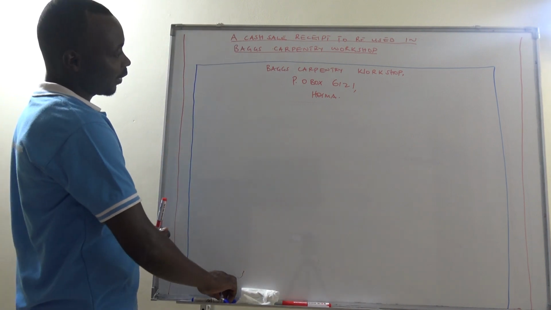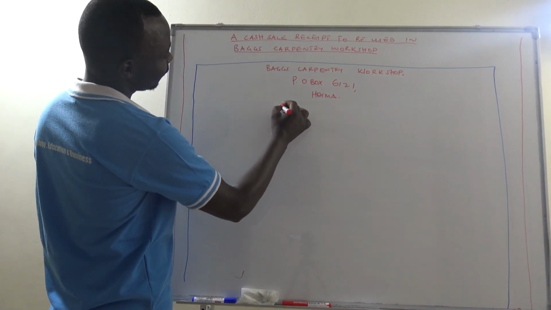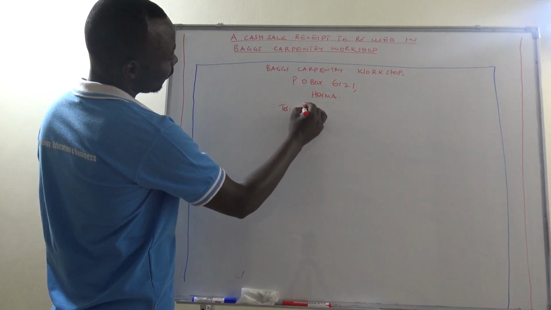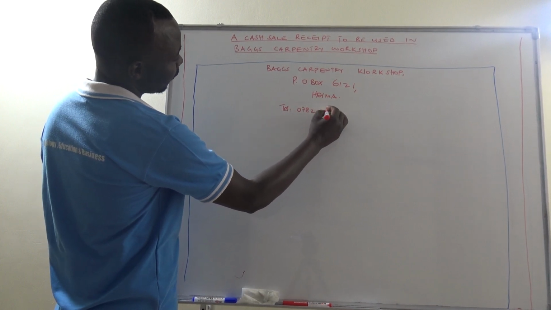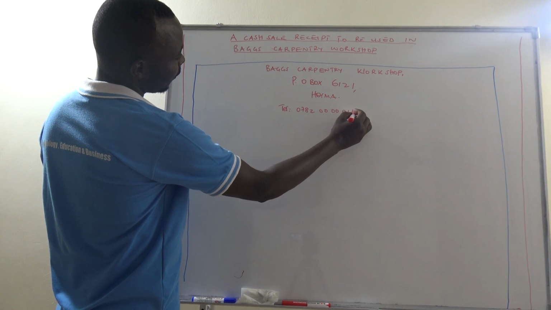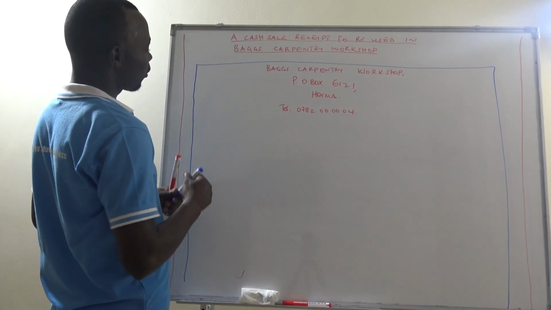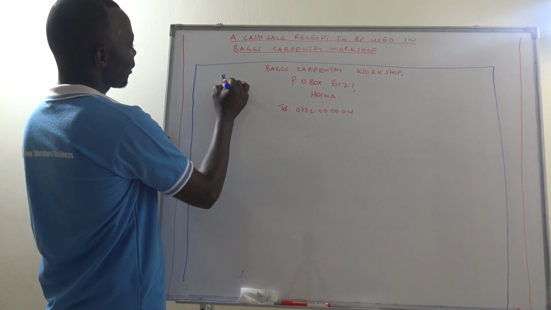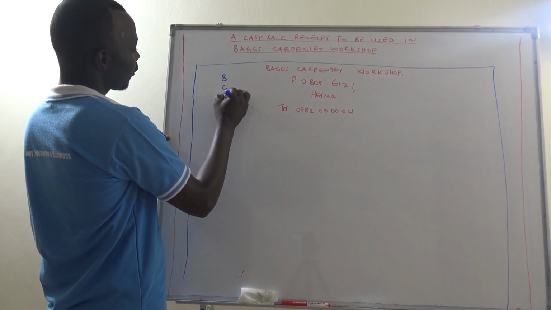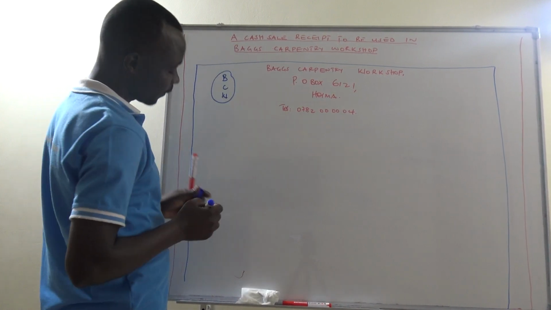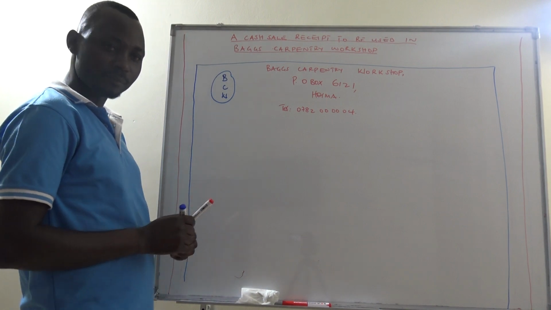Then don't forget the telephone. This is the telephone. Do not forget the logo. BAGGS carpentry workshop. Are we together?